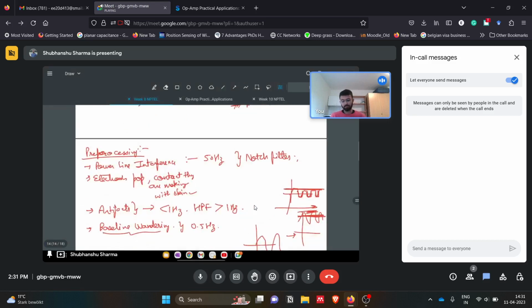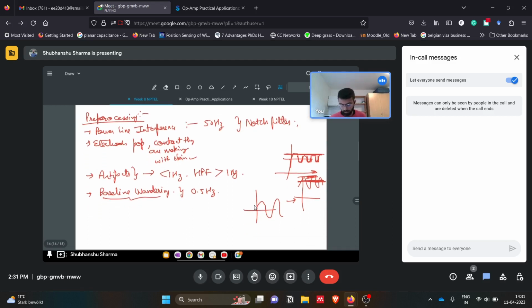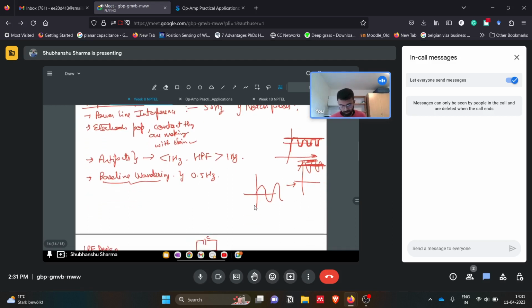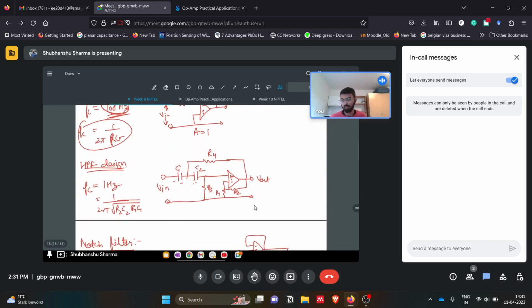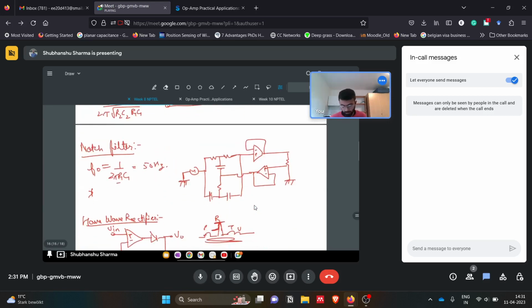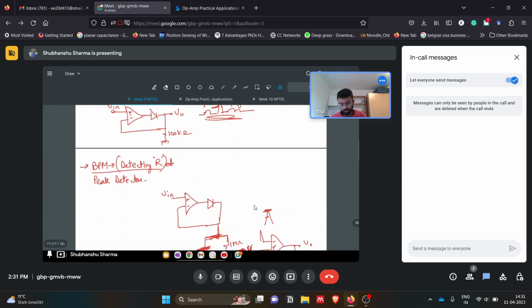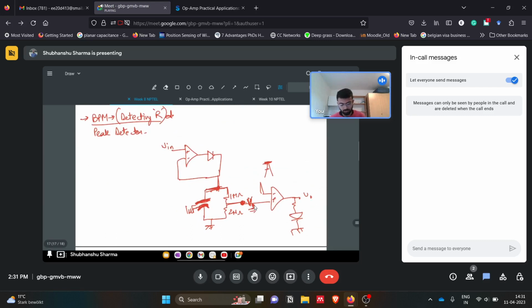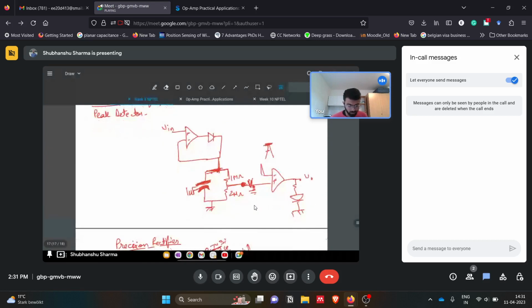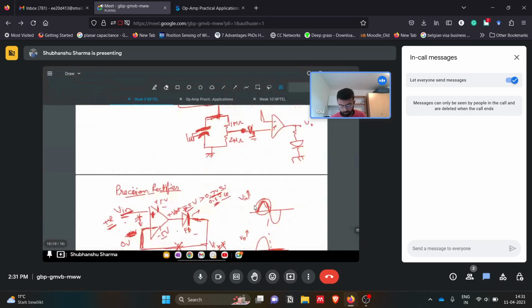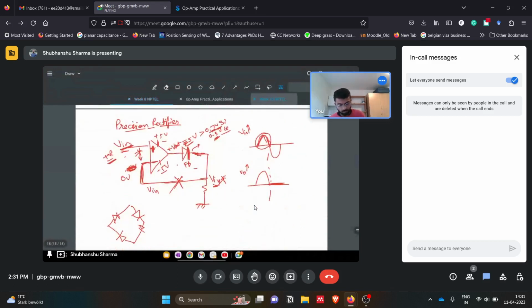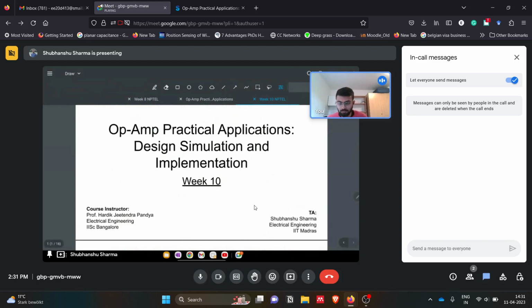Then we saw how filters can be used to remove power line interference and artifacts, using LPF design, high pass filter design, notch filters, etc. Then we used a half wave rectifier, then a threshold circuit, basically a peak detector circuit, and then we gave it to the final op amp so that we can get the beats per minute. So these were the things which we studied till now.